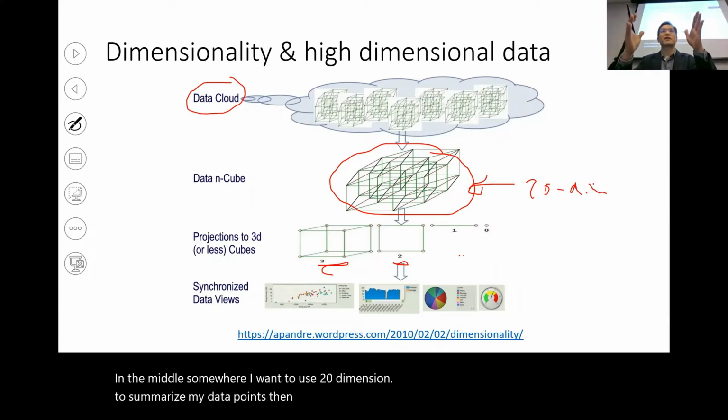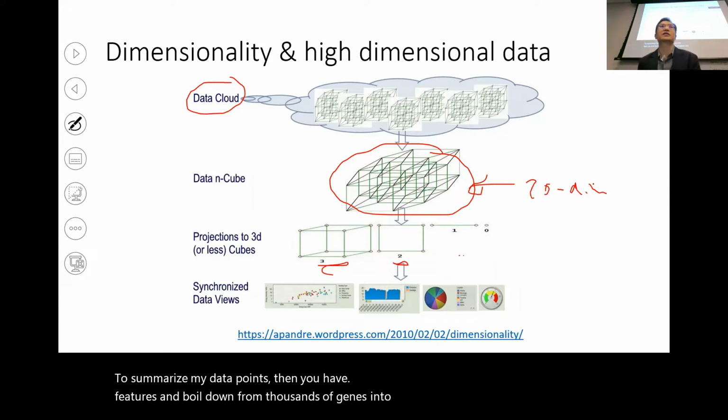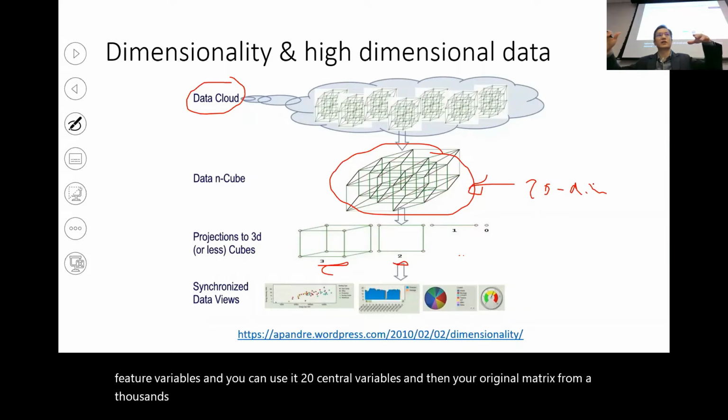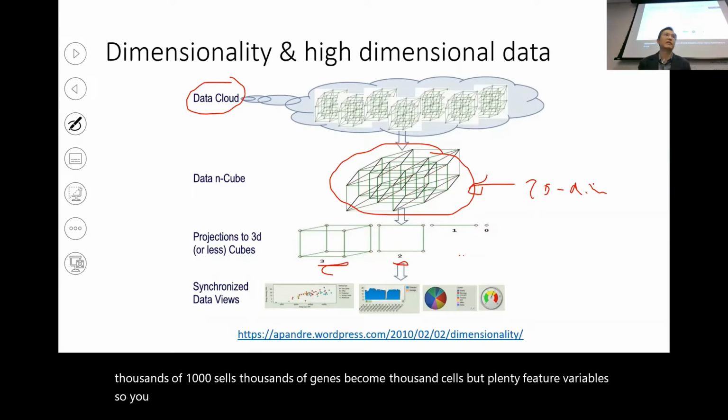Then you have features boiled down from thousands of genes into summarized statistics, say 20 feature variables, and your original matrix of thousands of cells by thousands of genes becomes thousands of cells by 20 feature variables. So you reduce the dimension and make it much easier to manipulate.